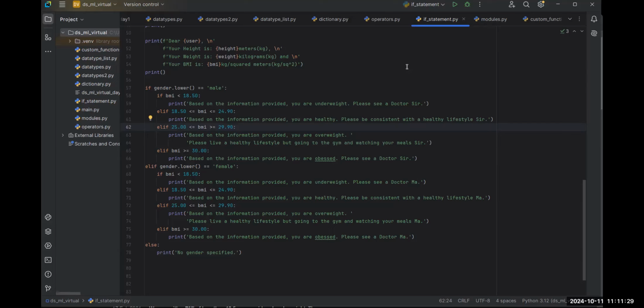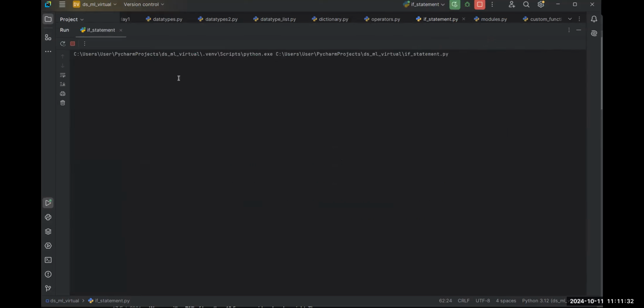So let's go back and run it again. Now we want someone who is overweight. Okay, Agbai. We want a male. We have seen a female who is underweight. We have seen both male and female who are normal weight. We want to see a male who is overweight now. Agbai Sonny, right? Now, male, I am a male. Enter your weight here.